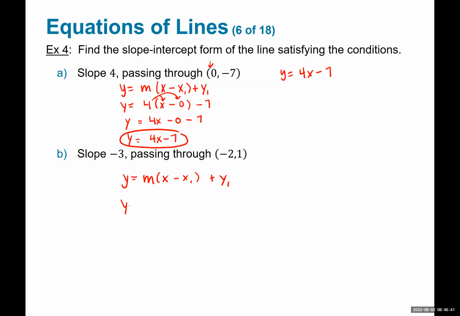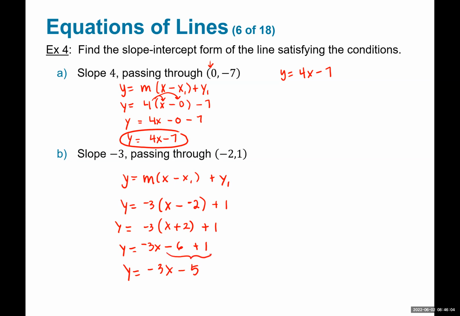We put the slope in, -2. And we simplify with the distributive property. So this is negative 3x minus 6 plus 1. So we have negative 3x minus 5 when you put those two together.